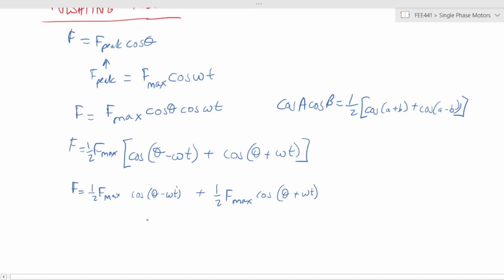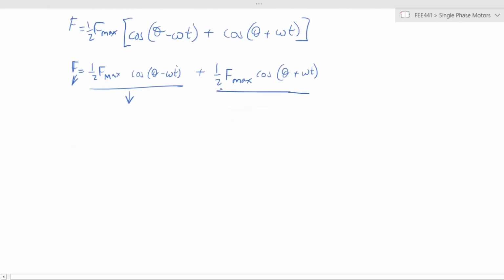Now, what this means is at any given point, there are two resultant forces, or there are two component forces that act on any given point. And we know these forces to be resulting from the equivalent of two different magnetic fields, because the total resultant force comes from a resultant magnetic field.